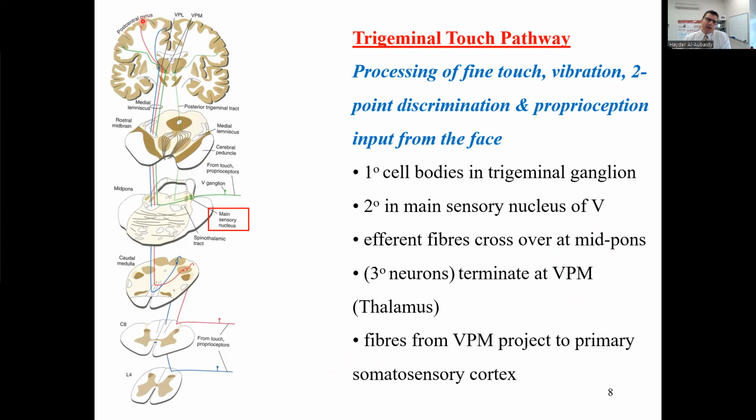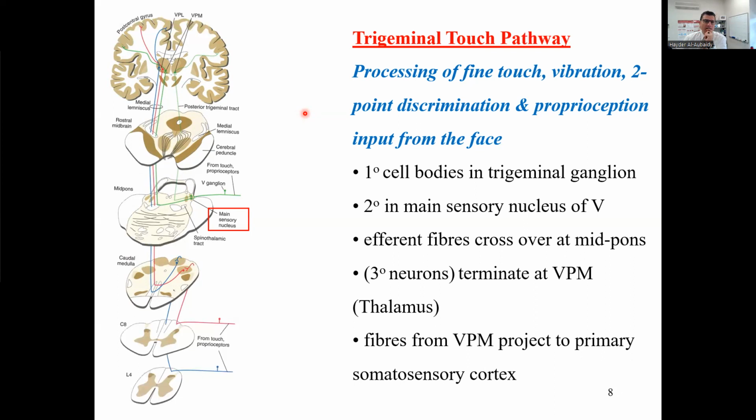If we look into the somatosensory cortex, and based on homunculus somatotopic representation, where do you think the third order neuron should be ending? In the medial side, or superior, or superolateral, or most lateral side of the primary somatosensory cortex? So it's responsible to carry sensory input from the face.